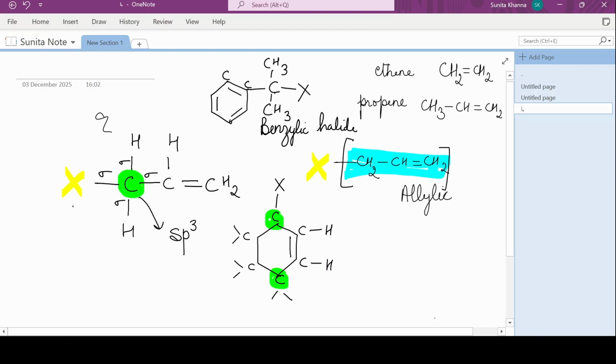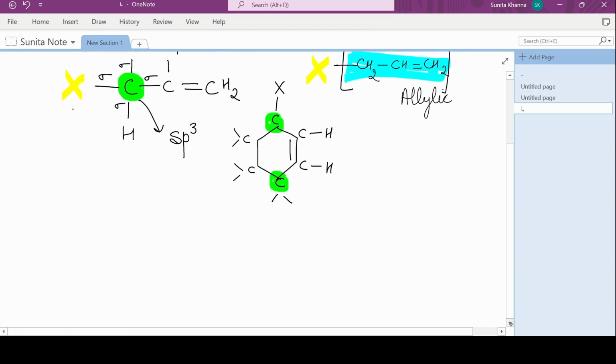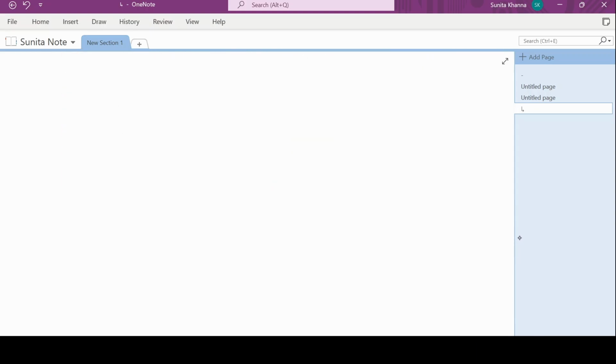So, another class. Here we have talked about the compounds in which the halogens are attached to sp3 carbon atom. Now we are going to the next categorization in which the halogen is attached to sp2 hybridized carbon atom.